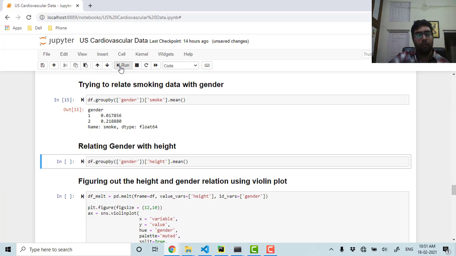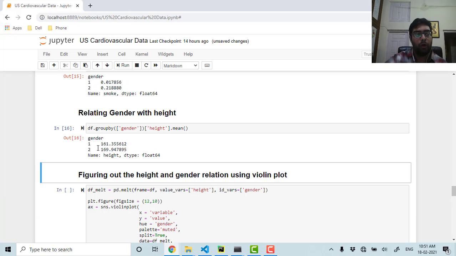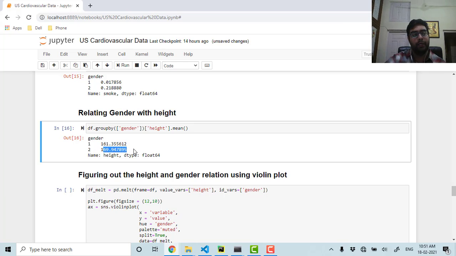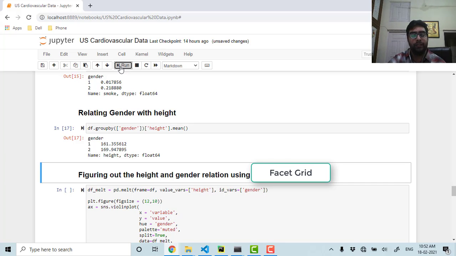So let's get the height. Generally males have more height compared to females. So over here we can see that the average height of gender 2 is around 170 centimeters and the average height of gender 1 is 161 centimeters. So this can be strong evidence that gender 1 is female and gender 2 is male in the data set. Let's visualize this.